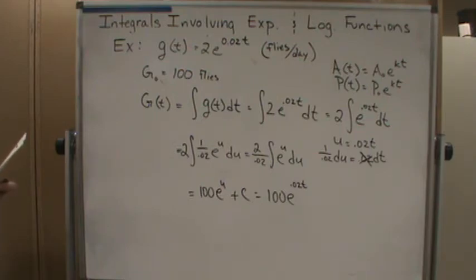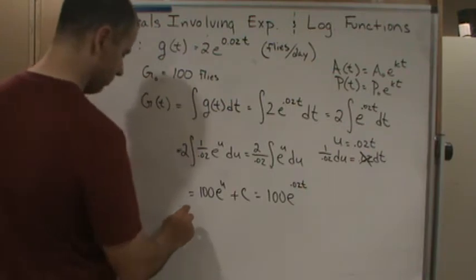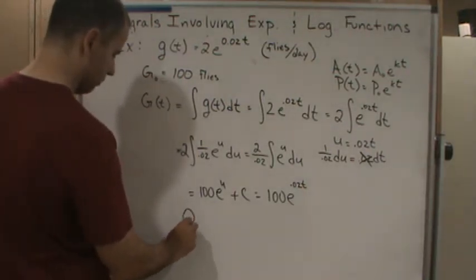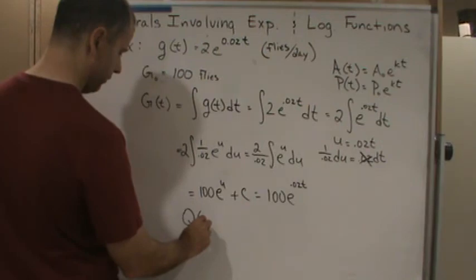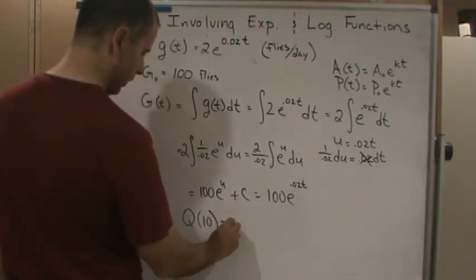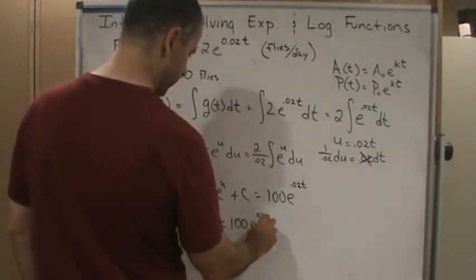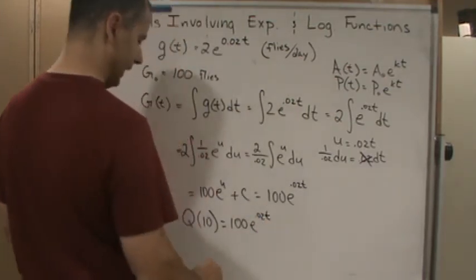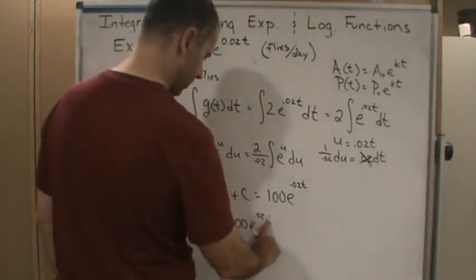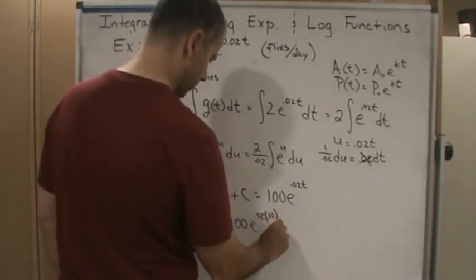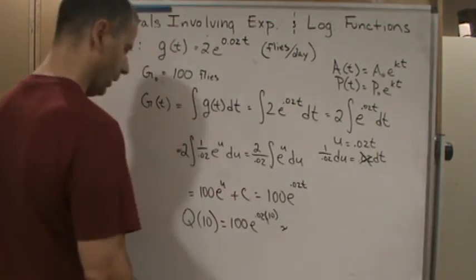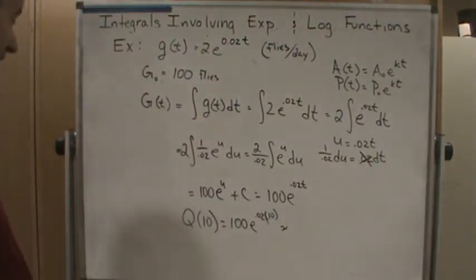So now let's plug this in. Q of 10 equals 100 e to the 0.02 times 10, and so that's going to be e to the 0.2.